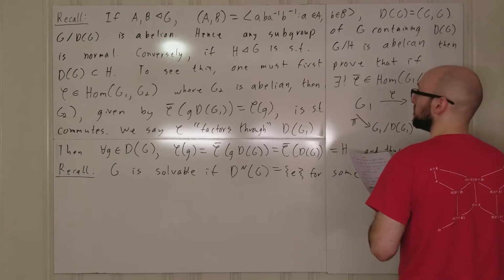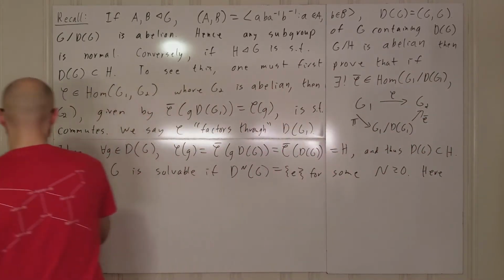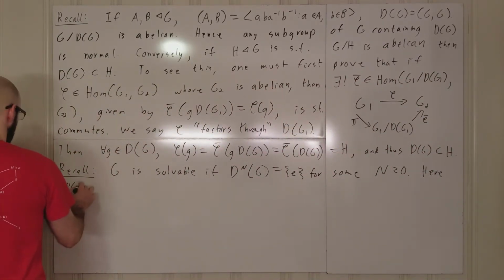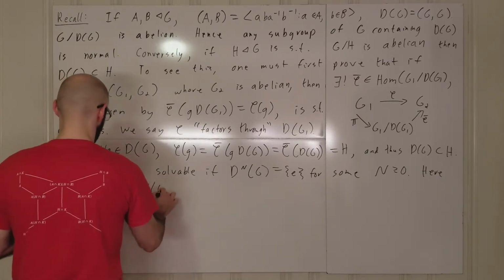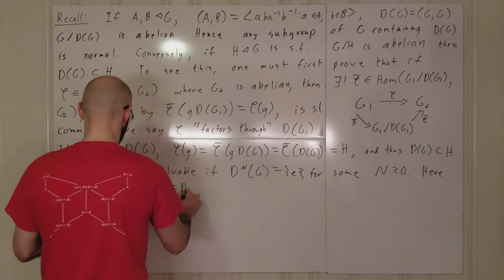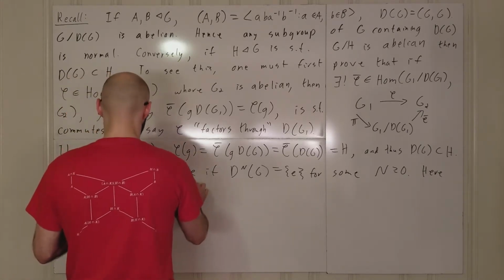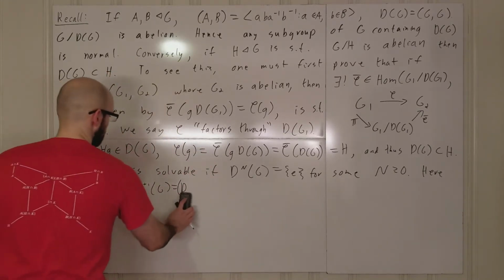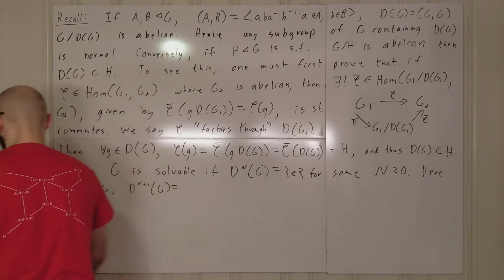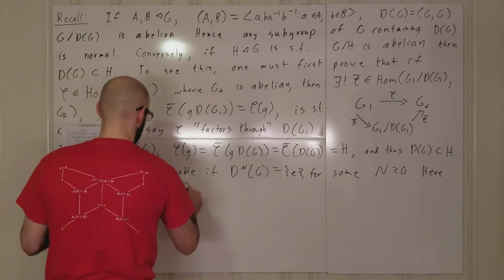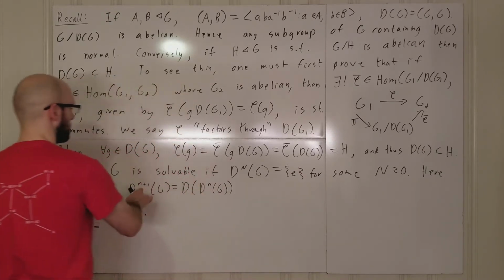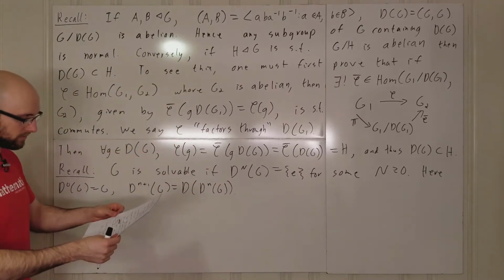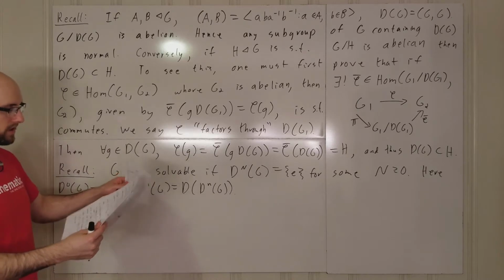So here, let's recall that d0 G is just G, and d to the n plus 1 G is just the commutator of d^n G. So you define d^n inductively. All right, so that's that.